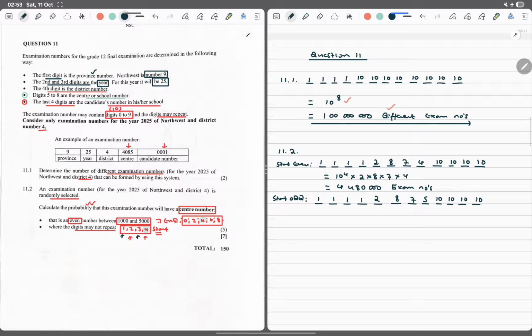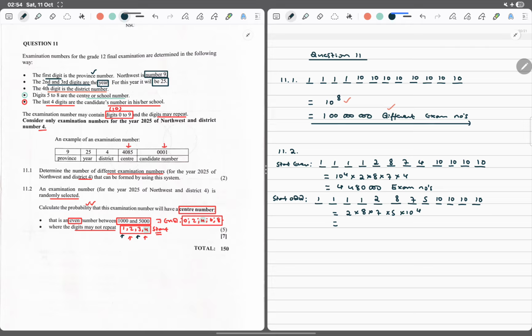Okay, now let's deal with this one again. It's going to be just 2 times 8 times 7 times 5 times 10 to the exponent 4, right? Let's see what that is. 2 times 8 times 7 times 5 times 10 to the exponent 4.